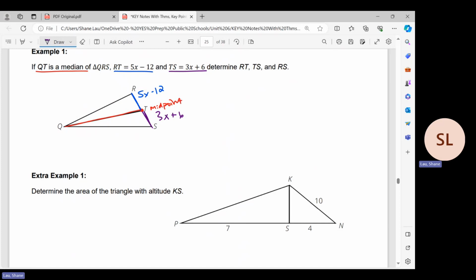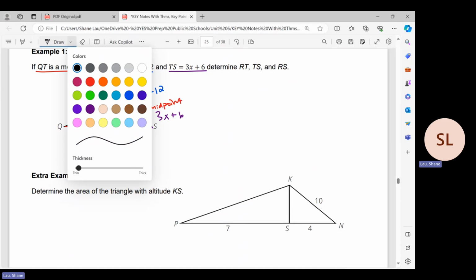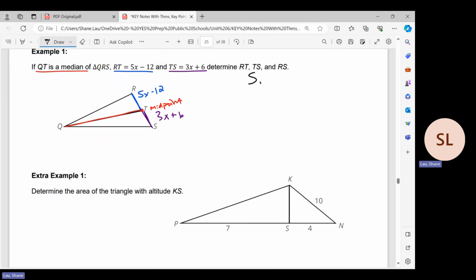Okay, and so just like the previous lesson, I want to kind of rationalize this. And so what this is saying is that since segment QT is the median, it follows that RT is equal to TS, which, because they are equal to each other, they are by definition also congruent.